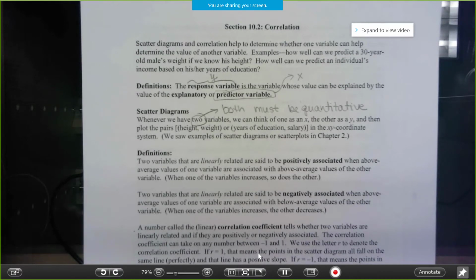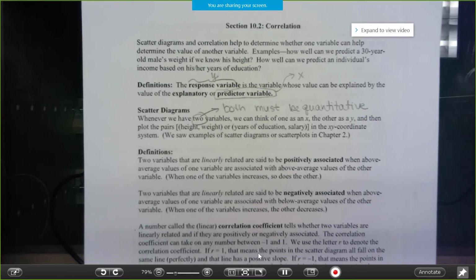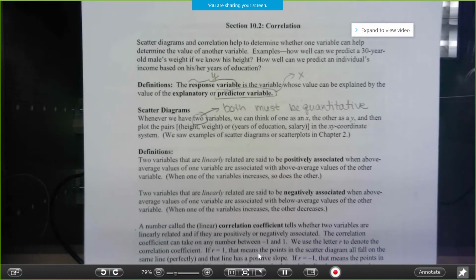But if you think about income and education, which do you think you would use as the predictor? Would you use somebody's income to predict their years of education, or would you use education to predict income? Education to predict income, right? So there are some circumstances where one definitely makes more sense as the x than as the y.